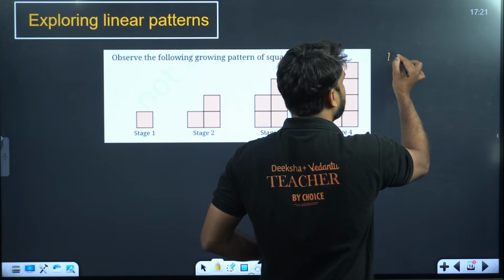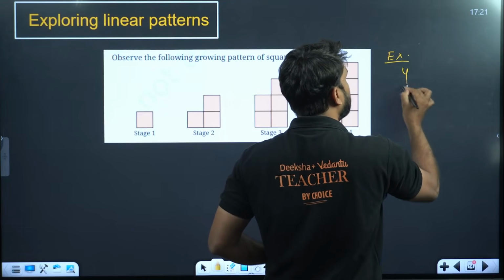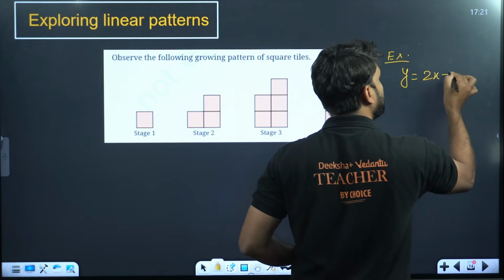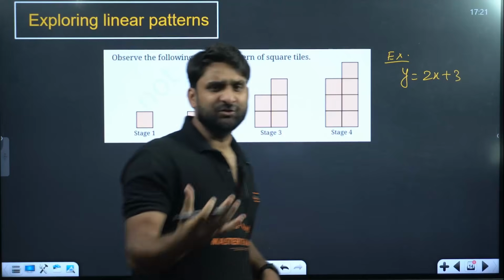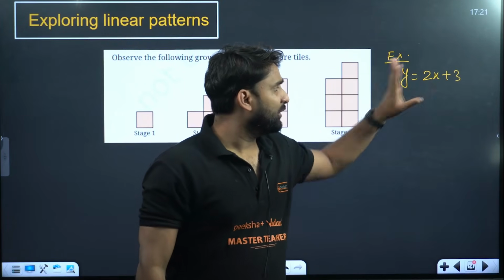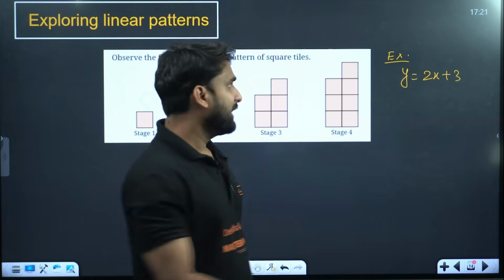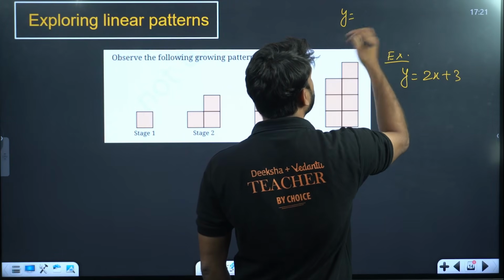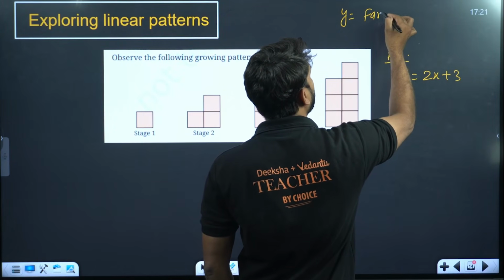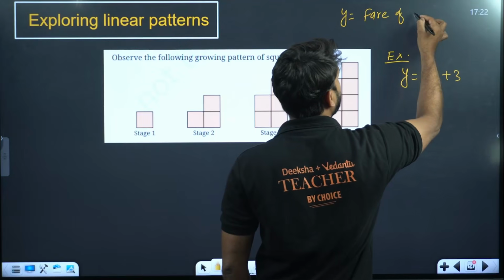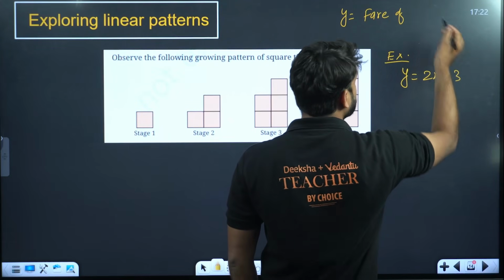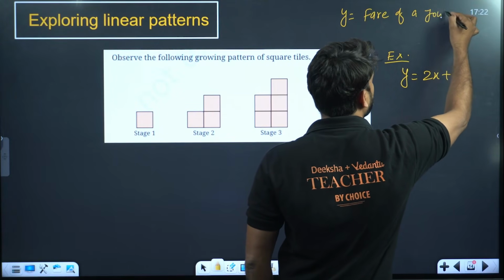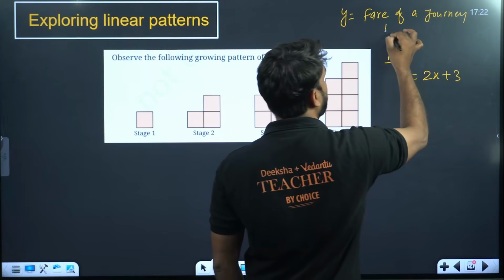For example, I'm giving you one equation as 2x plus 3. Let's assume this is y is equal to 2x plus 3. Here y is representing the fare of a journey by a car.